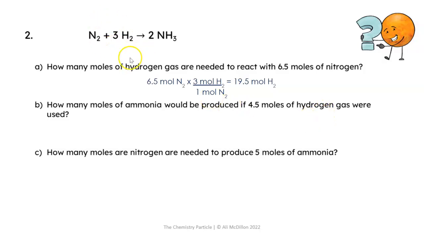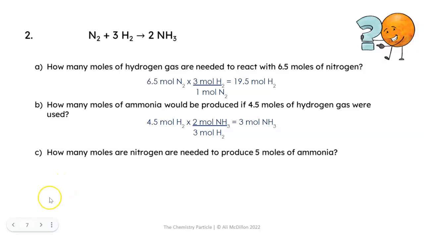Oh, I'm sorry. Hydrogen gas, not nitrogen. Hydrogen is 3. So it's a 3 to 2 ratio. So our 3 will go on the bottom to eliminate our hydrogen gas. And then our 2 will go on the top for our ammonia. So 4.5 moles of H2 times 2 moles of NH3. Again, this is just the ratio from the coefficient, so a 2 to 3 ratio. That would give us 9, and then 9 divided by 3 moles would give us 3 moles of NH3.